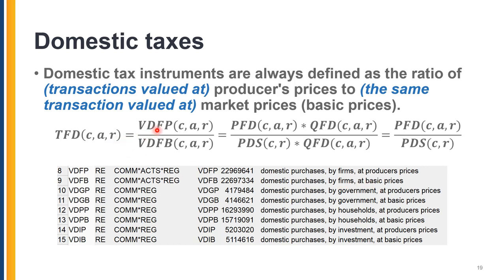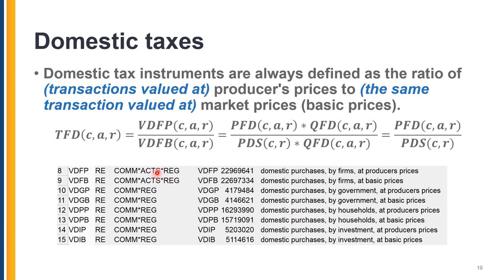The ratio is the transaction valued at the price they pay versus the basic or market price. The quantities have to match up here. On the right-hand side, we'll have PFD over PDS, the basic price in the denominator and the price being paid by each activity in the numerator.